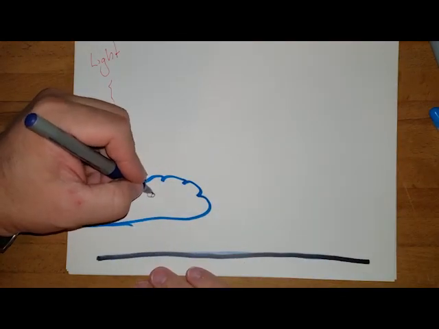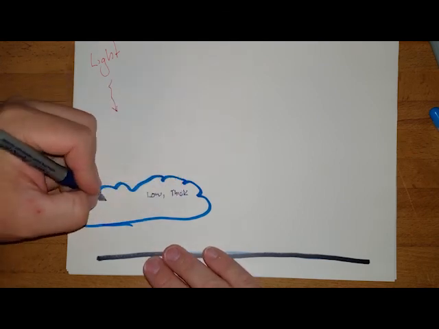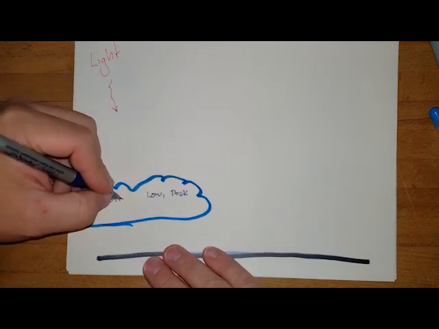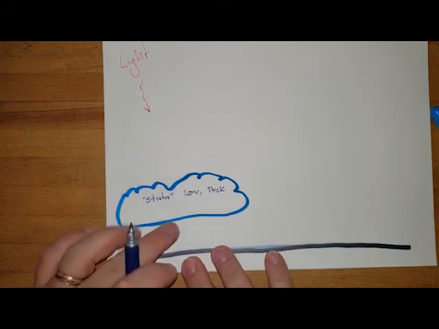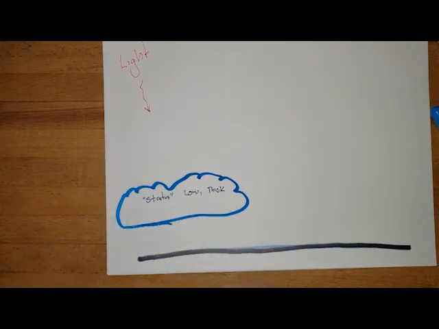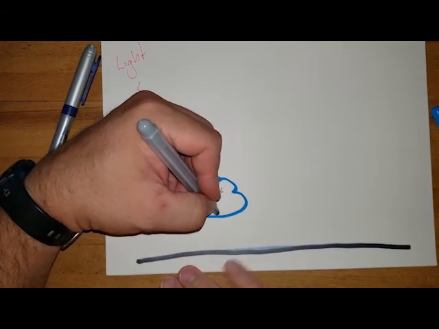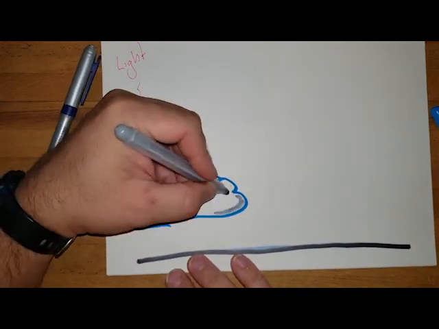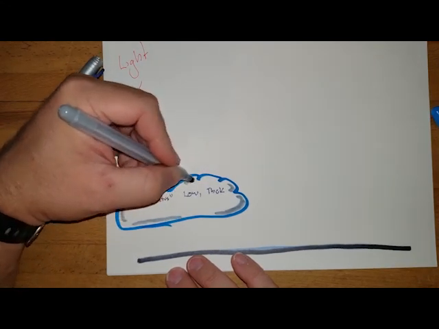If it is a low and a thick cloud, these guys are going to be our stratus clouds. We'll learn about the names of clouds in a little bit. Those stratus clouds, because they're low and thick, and sometimes they look a little daunting as well, right? So they might actually be a little bit gray around the edges, and it's starting to look a little bit more like a cloud with the gray around there, right?